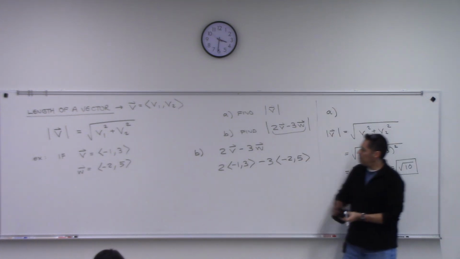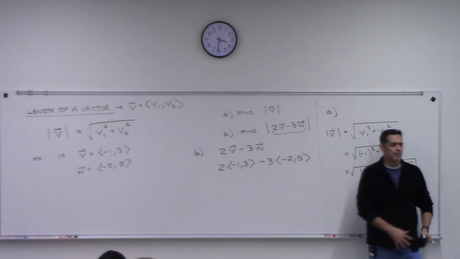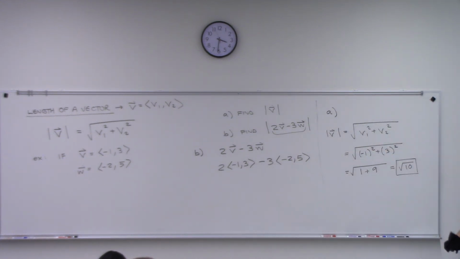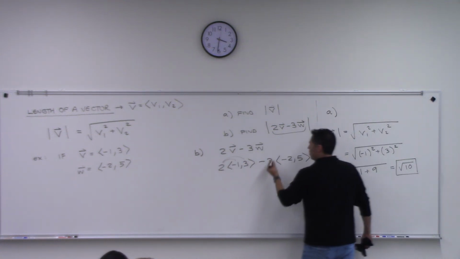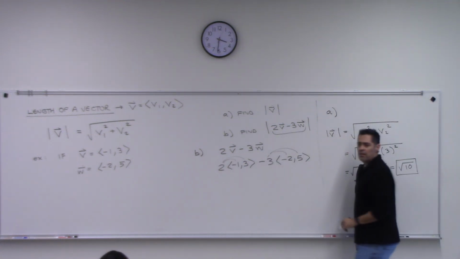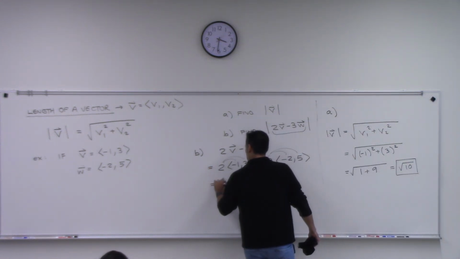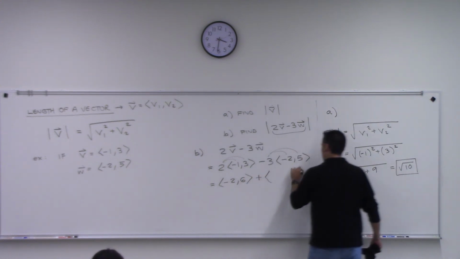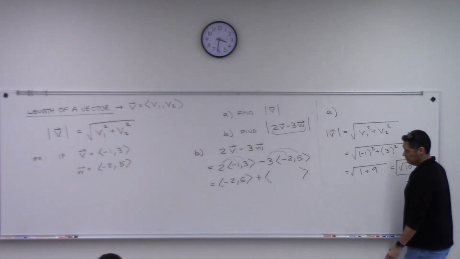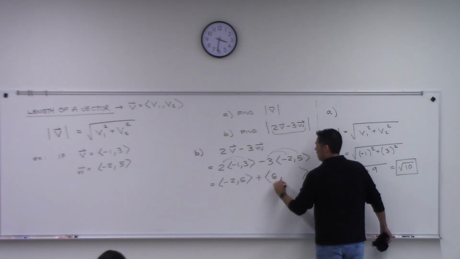All I've done is replace V and W with what they are. Now distribute the 2 through, and distribute the -3, leaving a plus between them. (-2, 6) plus, what's the second vector here? (6, -15).